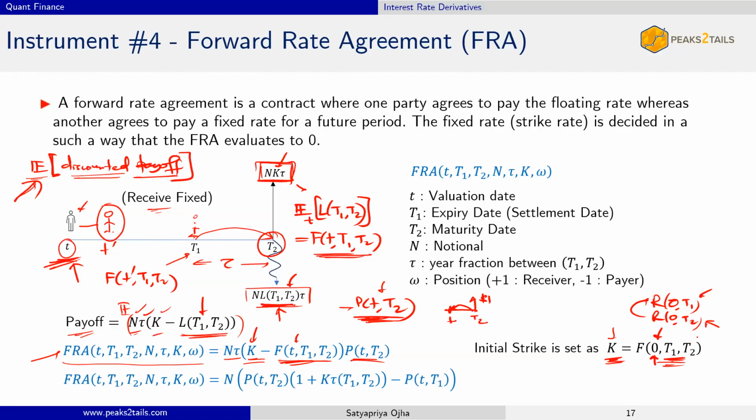You need to have the simply compounded formula. In the numerator, when you are multiplying the rates, these are coupon payments, which are always in simple compounding. Do not use continuous compounding to calculate the coupon payments ever. That's wrong. All right, so that's how you fix K.